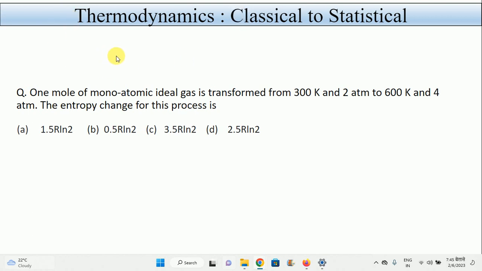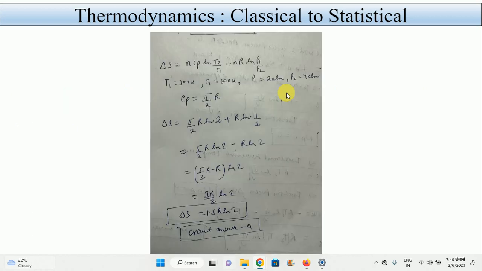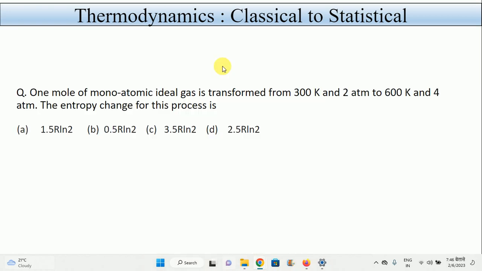The next question is, 1 mole of monoatomic ideal gas is transformed from 300 Kelvin and 2 atm to 600 Kelvin and 4 atm. The entropy change for this process is, so for this I think sir will discuss this formula in the next class, or maybe it is discussed already.